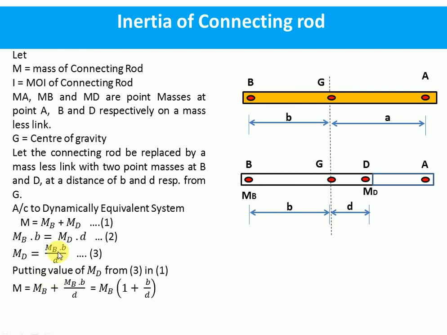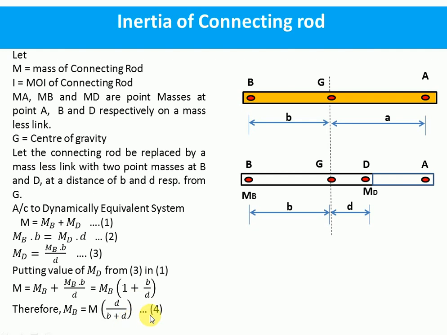M is equal to MB plus MB into b upon d. Take MB common, it becomes MB into 1 plus b by d, or we can write this MB as M into d upon b plus d.